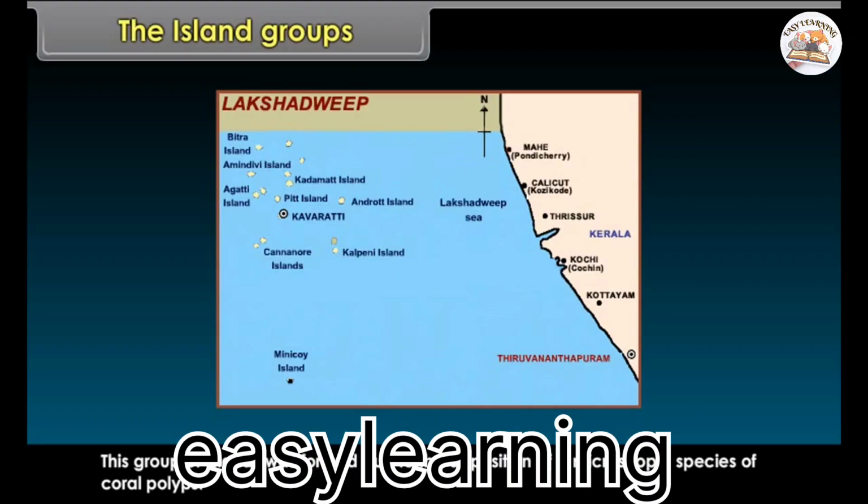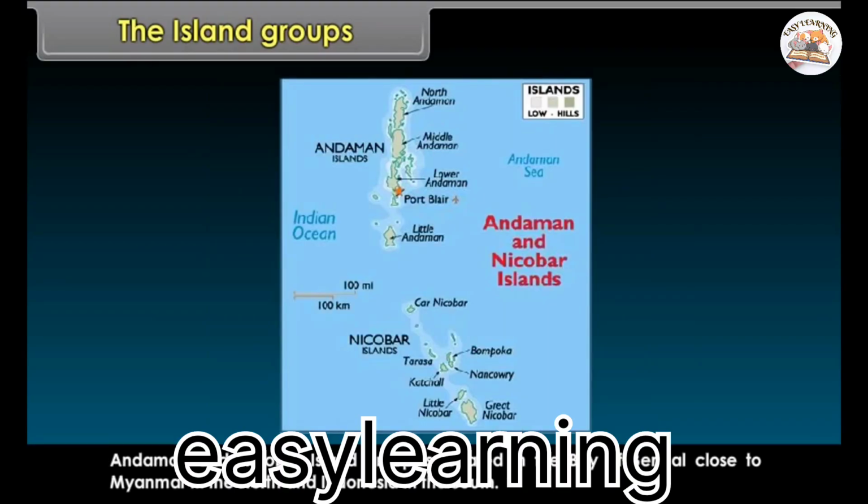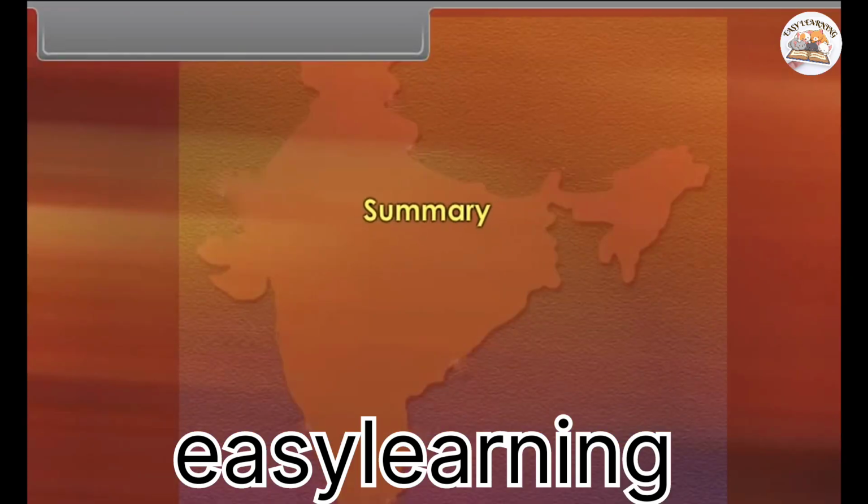The island groups. India has two major island groups, Lakshadweep Island Group and the Andaman and Nicobar Island Group. Lakshadweep Island Group is located in the Arabian Sea opposite of Kerala coast. This group of islands was formed due to the deposition of a microscopic species of coral polyps.